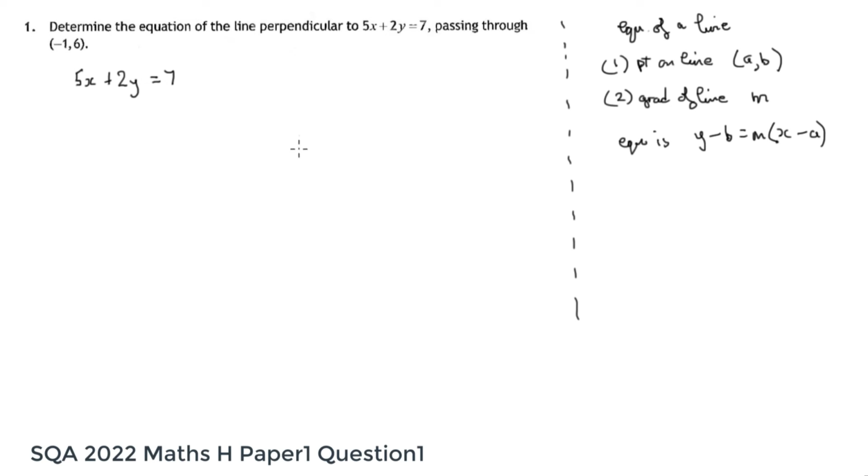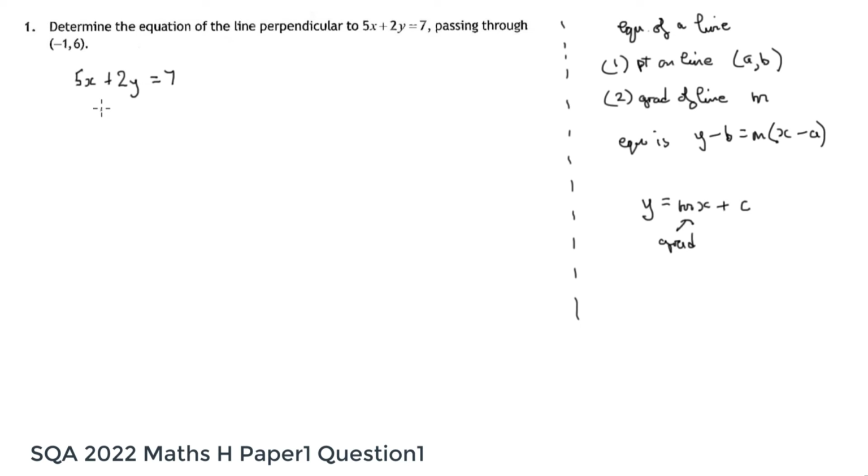Then we can deal with the gradient of a line perpendicular to that. Now, we're going to use another form of the equation of the line, y equals mx plus c, and we know that the coefficient of x, the number in front of x, gives you the gradient. So let's transform this into this form.